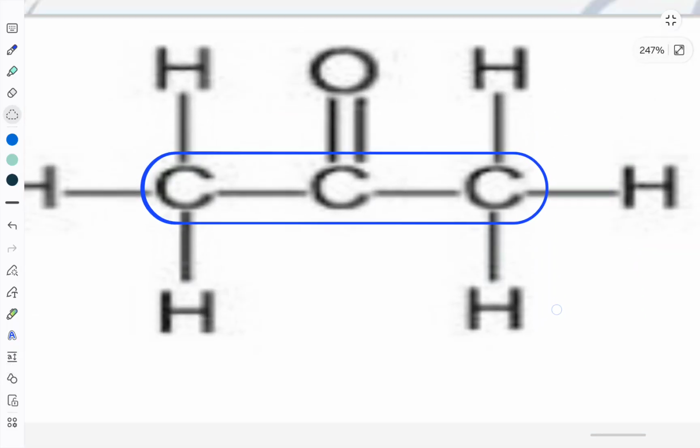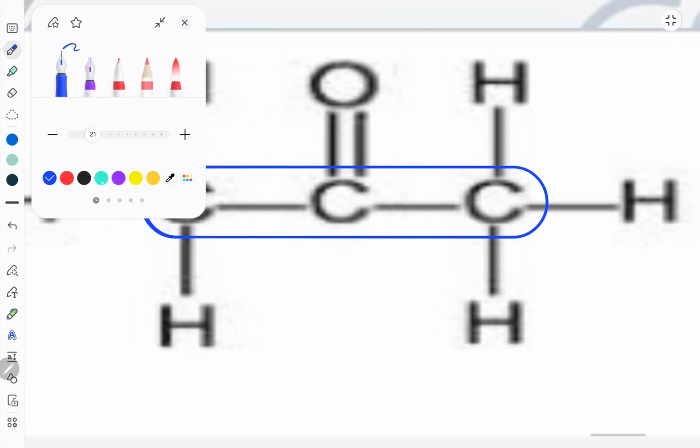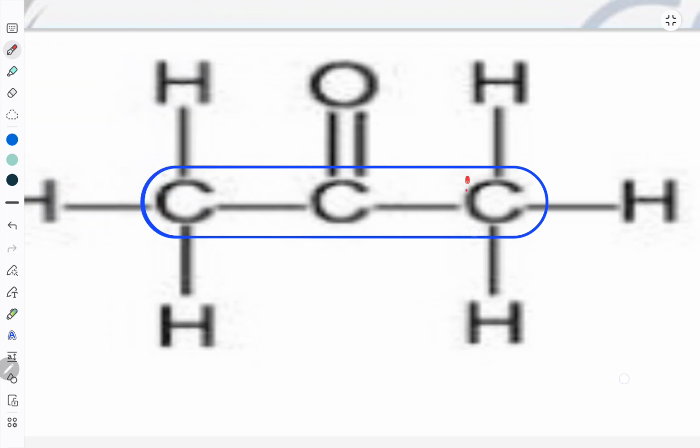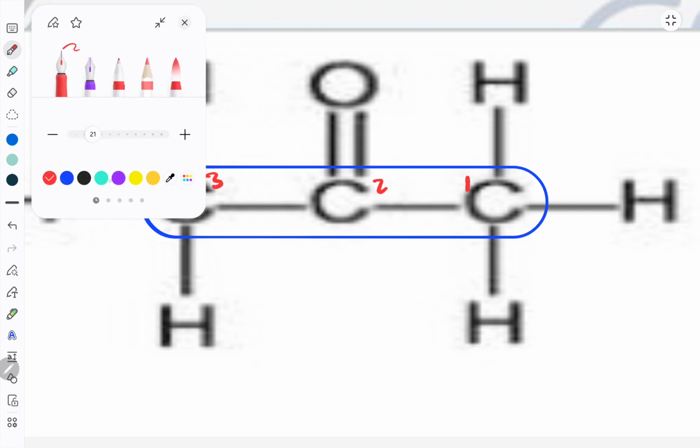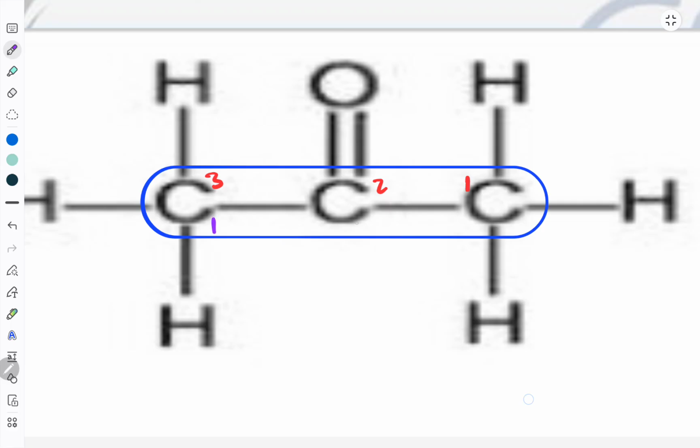So there's no need to mention the location of our functional group, because if I number from right to left, I'll have 1, 2, 3. If I number from left to right, I'll have 1, 2, 3. So the functional group is still in the same position.